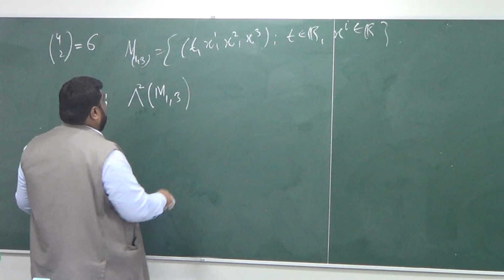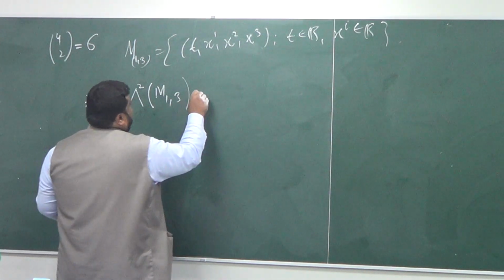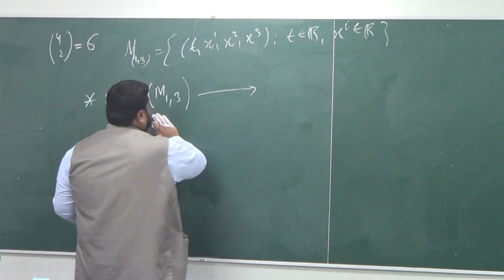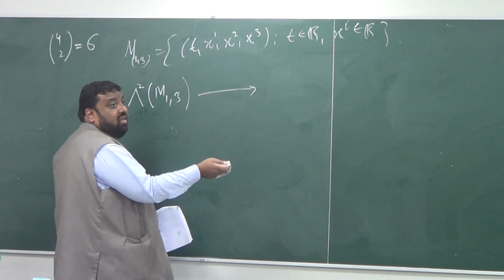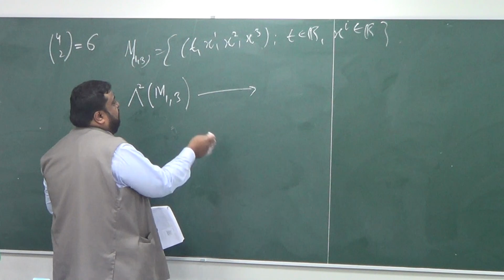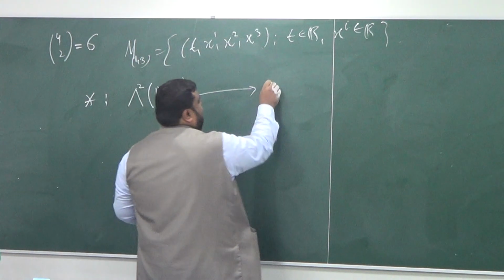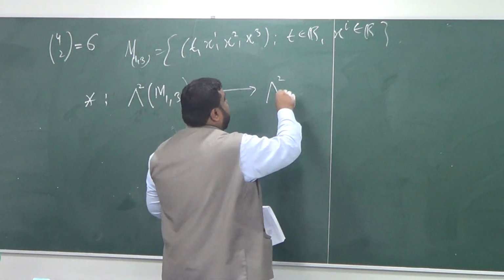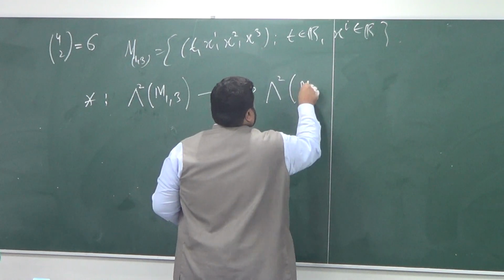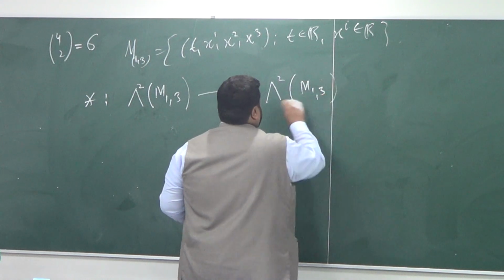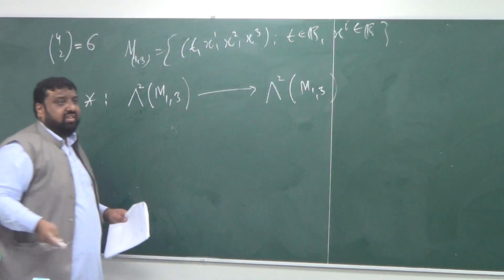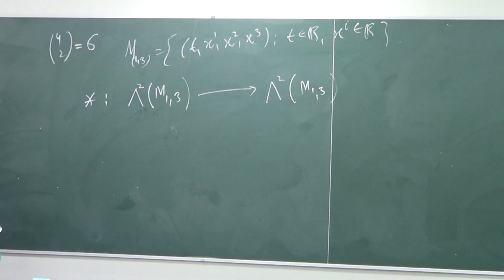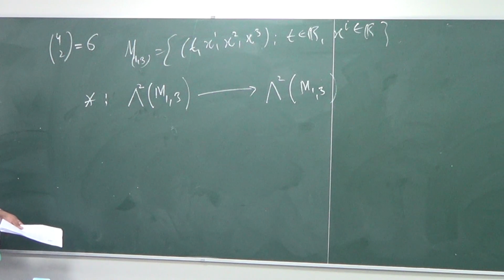So we can apply star, I can treat the star as a map from this space to where? 4 minus 2, 2. So 4 minus 2 would be 2 again. So it's going to be a kind of a division. Obviously you consider different indices, you get different results.